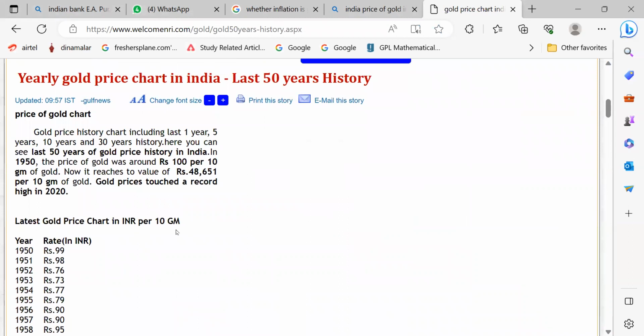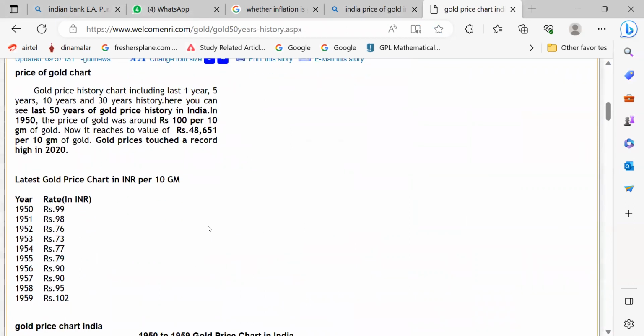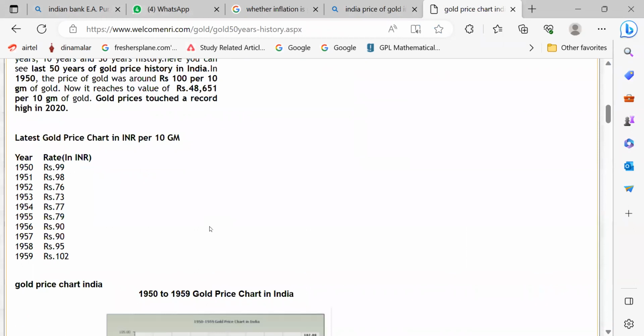Are you seeing it on the screen? Yes, sir. See, this is per 10 gram, not 8 grams. This is as per 10 gram.